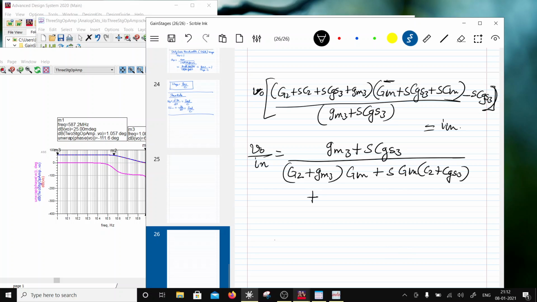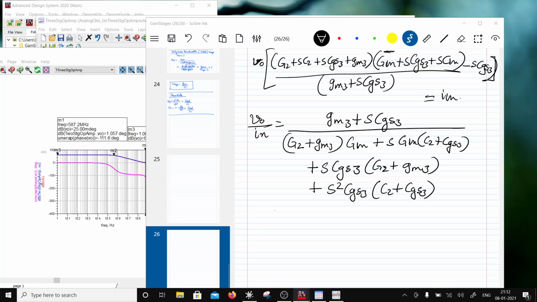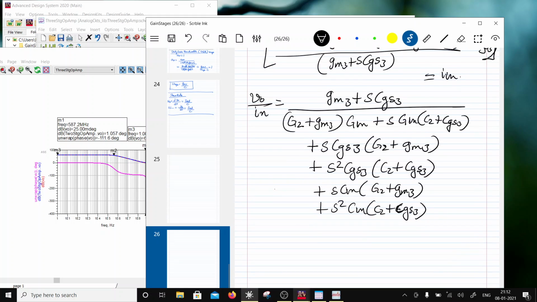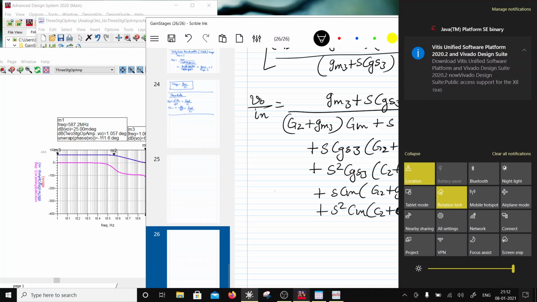So the second term is going to be SCGS3 times (G2 plus GM3), plus S square CGS3 times (C2 plus CGS3), correct, and then the last term is S C in times (G2 plus GM3) plus S square C in times (C2 plus CGS3), right, so that's that term.